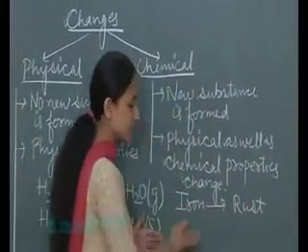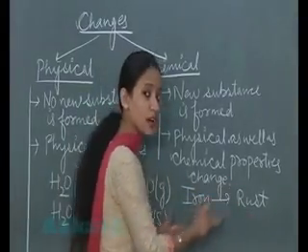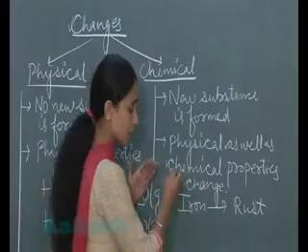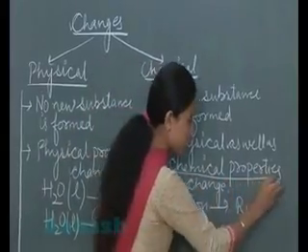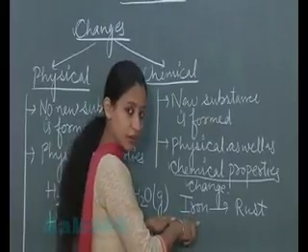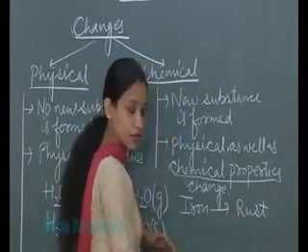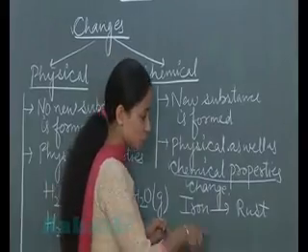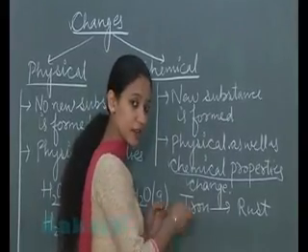You can clearly see rust and iron are both chemically different. As they are chemically different, there is a change in the chemical property of the substance. Moreover, iron is silver in color and rust is brown in color, so there is a change in the physical property of the substance also, which is color here.